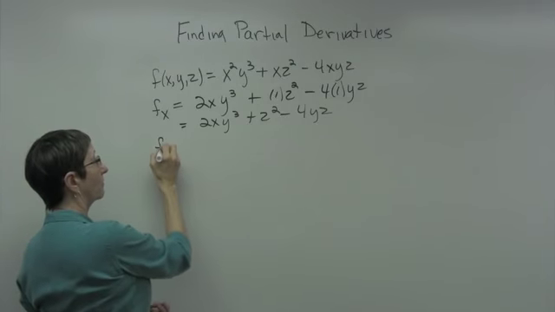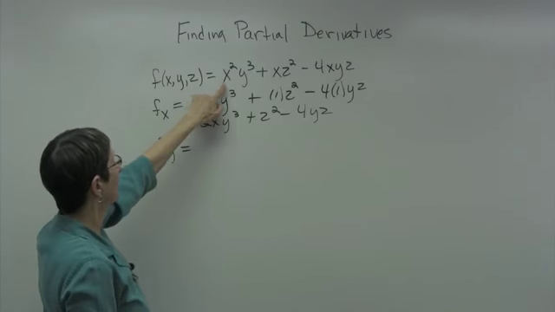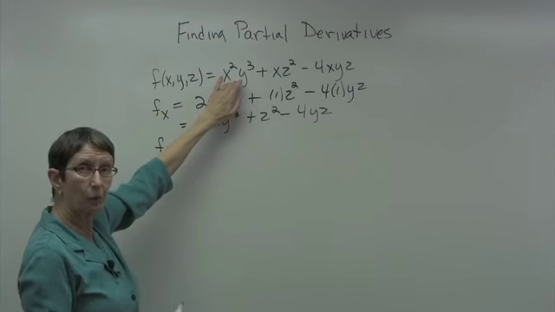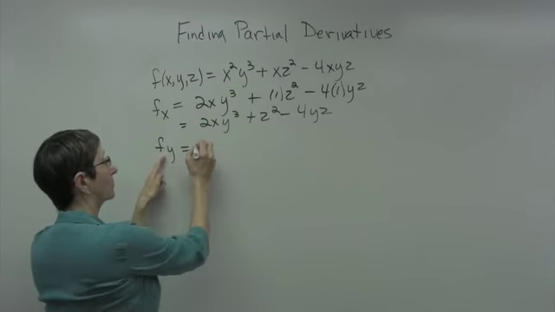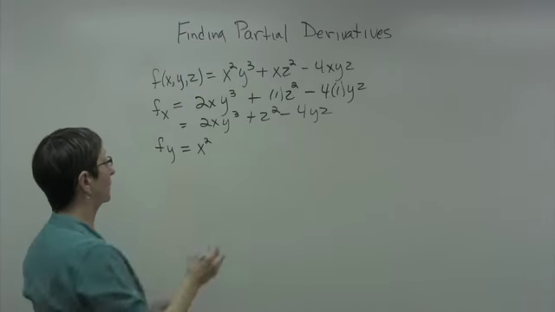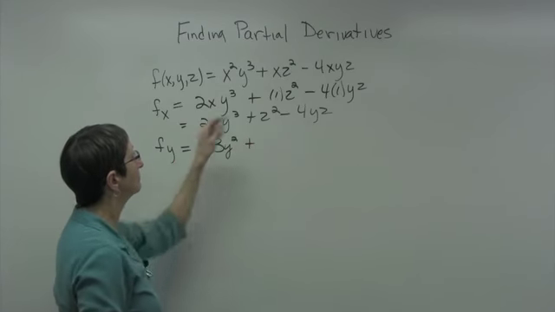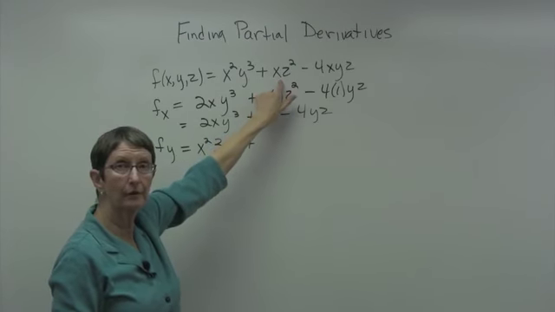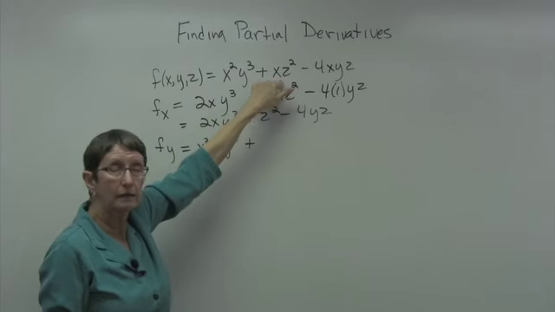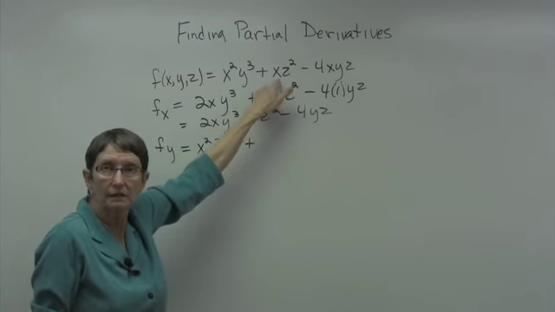See what the partial of f with respect to y looks like. Up here I have x squared times y cubed. Y is the variable, the x squared is a constant. Derivative of y cubed is 3y squared. Plus xz squared. No y. There's nothing it can be multiplied by. This is like 33.